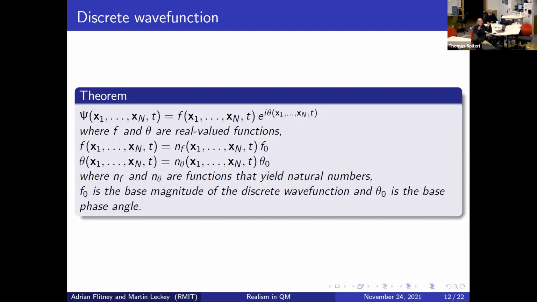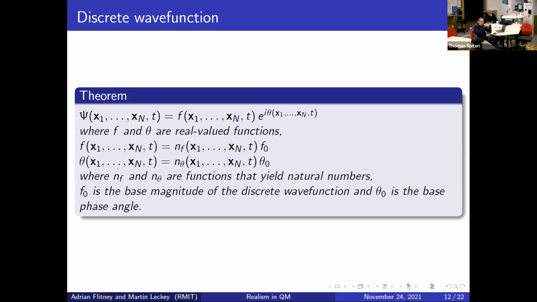So we have to be clear, when we say we're going to discretize everything, we have to discretize the wave function. Normally we write out these wave functions as continuous functions, exponentials, polynomials, sines and cosines. But the way we're going to choose to discretize the wave function is saying it's a magnitude f times a phase factor e to the i theta, and both f and theta will be integer multiples of some base values: f0 being the base magnitude and theta0 being the base phase angle.